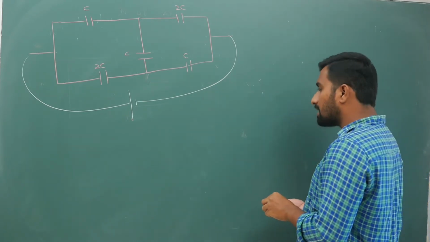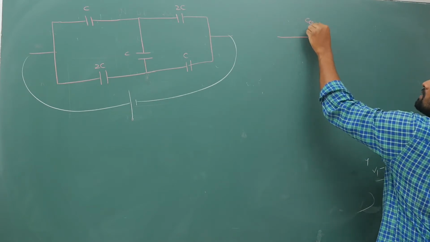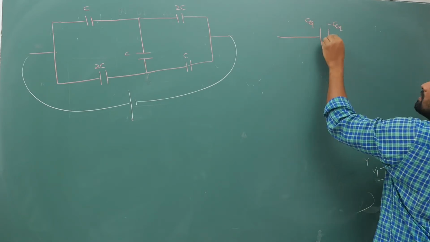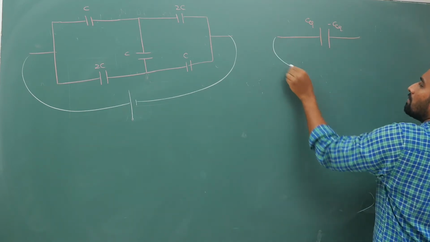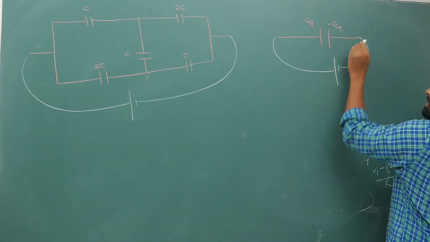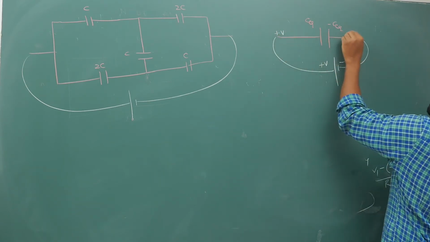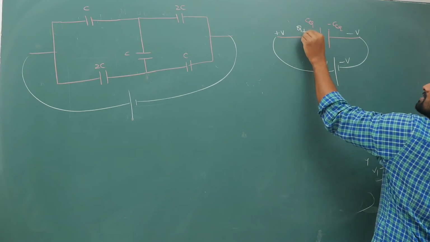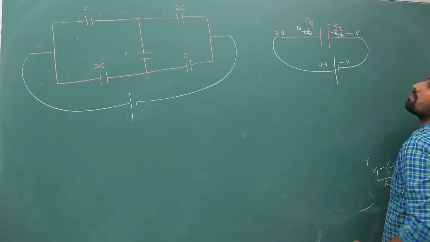If I replace this entire thing with the equivalent, this is your C equivalent and this is your minus C equivalent. Now if you connect this with a battery of plus V and minus V, your total charge is Q total, and here you will have minus Q total.